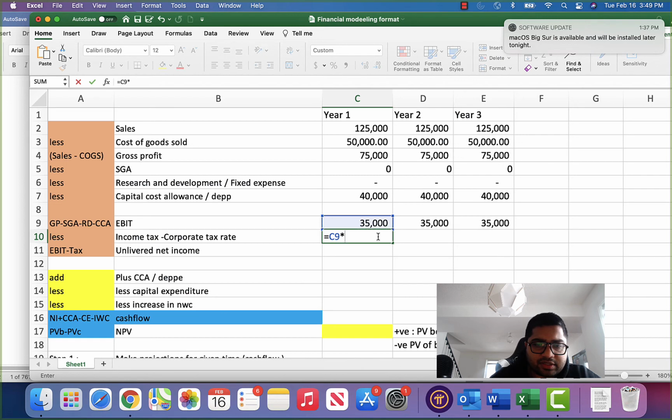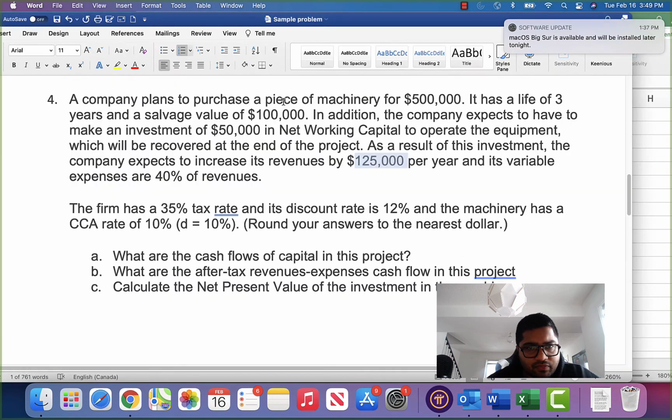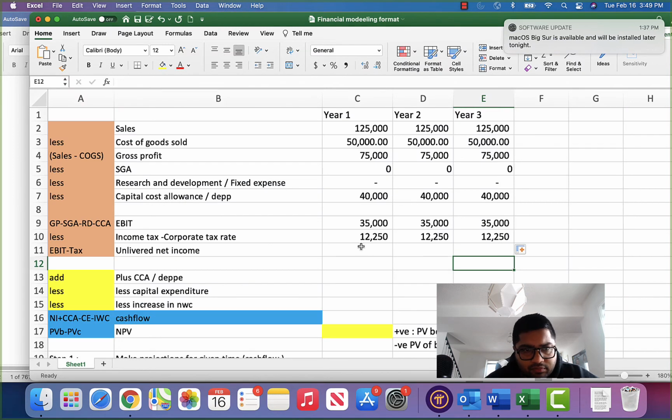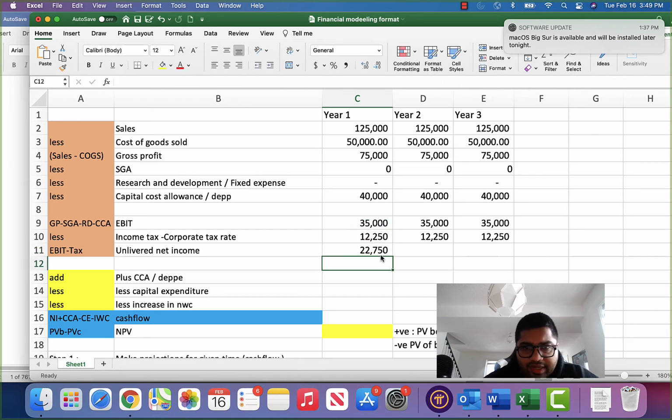So this times 35%. Unlevered income will be EBIT minus income tax.